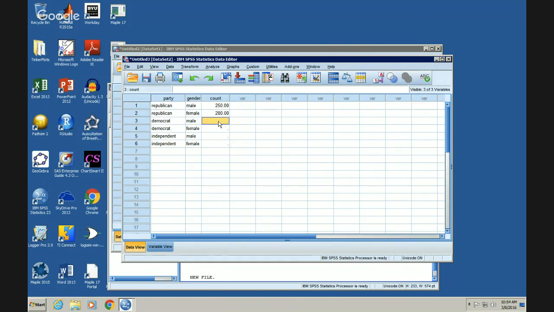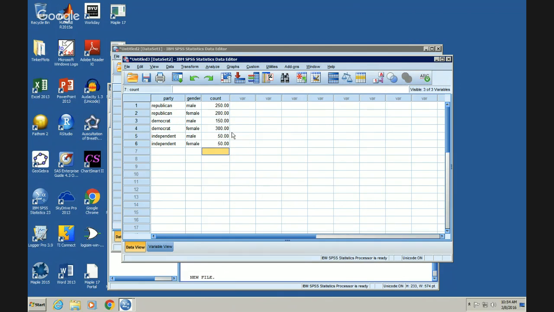Okay, so Democrat male. Somebody tell me the number. 150. Maybe not. Hold on. Female. 300. Independent male. 50. Hold on. 550, and then 50 again.